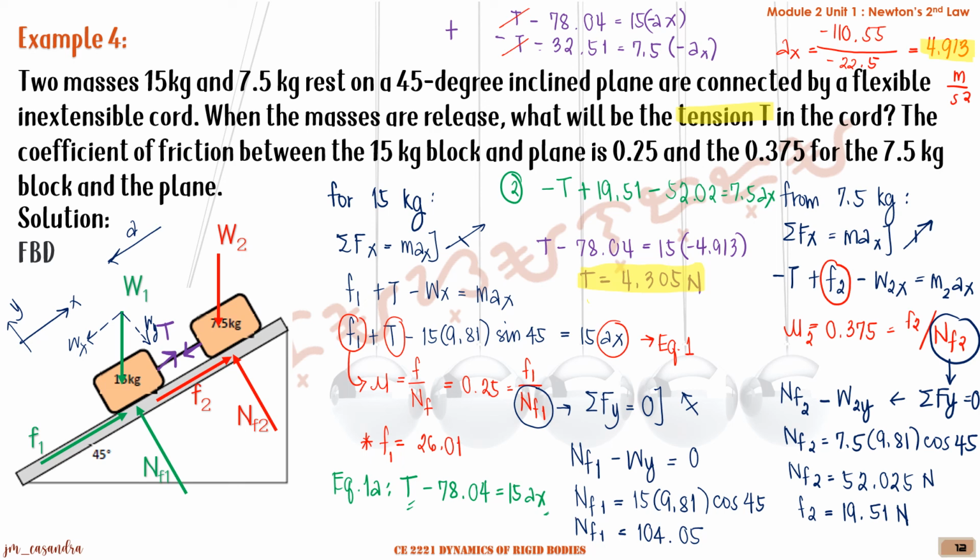So if you use the second equation, you'll arrive at 4.3375, which is almost the same as what we have computed. Nagkaroon lang ng discrepancy because of our rounding.